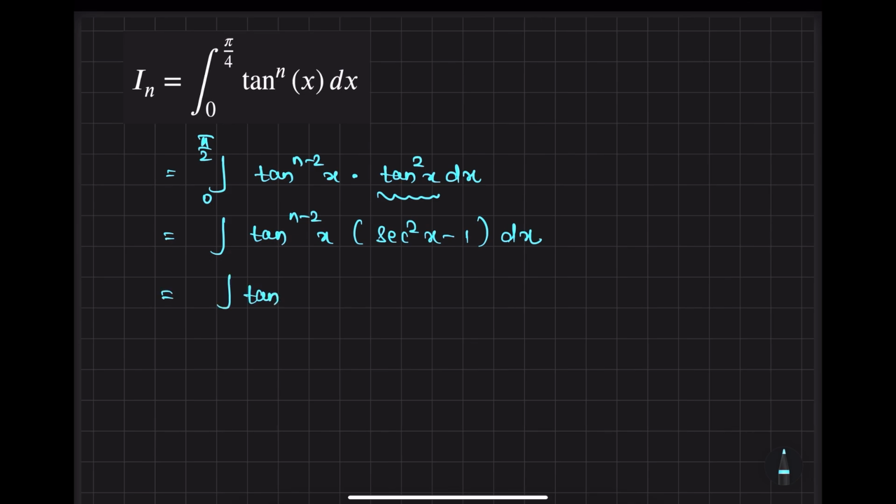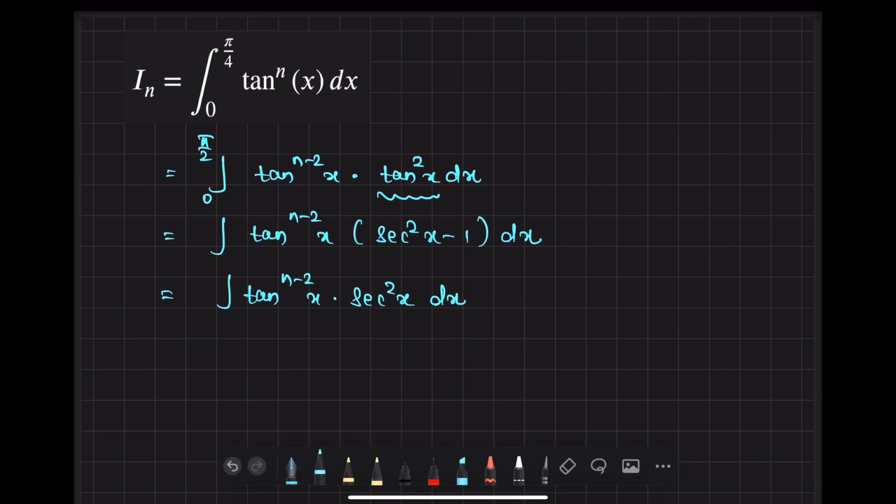Where we have tan power n minus 2 x into sec square x dx. This is your first question. And then the next question is minus of integration from 0 to pi by 4 of tan to the power n minus 2 x dx.